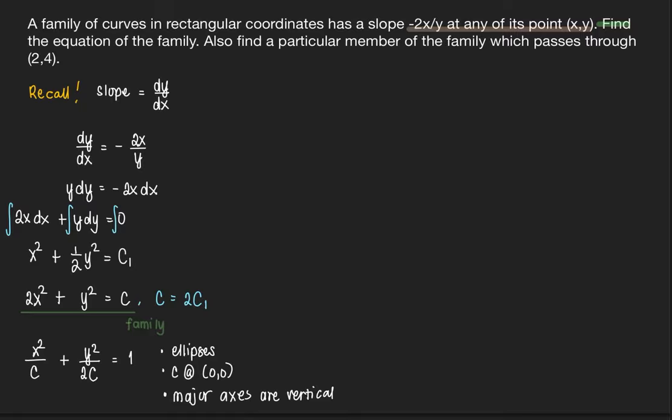So to find the particular member of the family passing through 2, 4, we simply substitute 2, 4 to solve for c. So c is equal to 2x squared plus y squared.